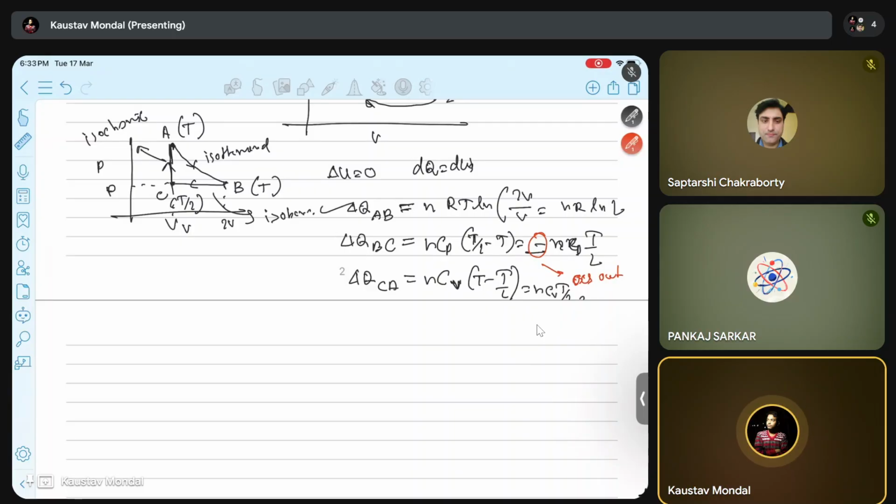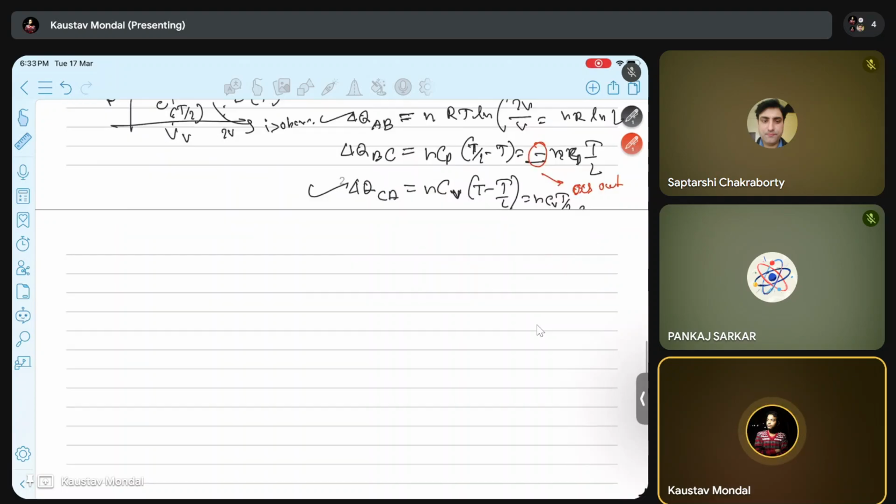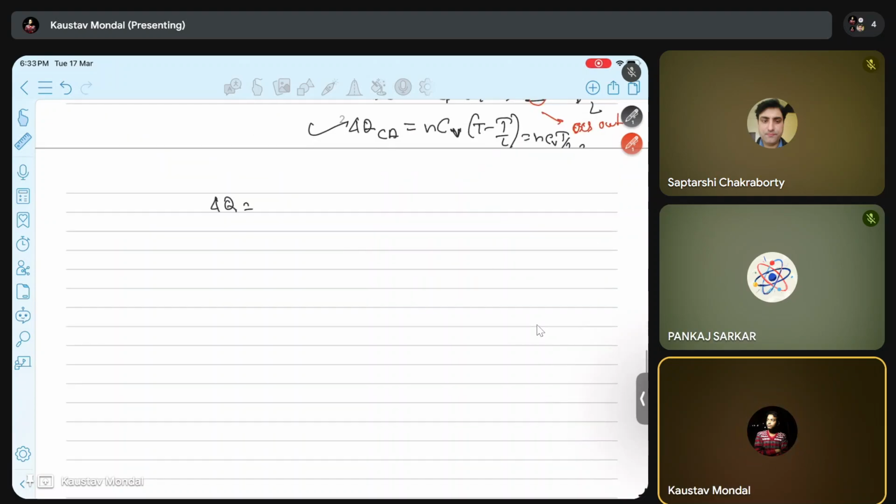So during AB and CA, the heat is going into the system, and during BC, heat is going out of the system. So delta W would be delta Q, right? So delta Q is nothing but this one.